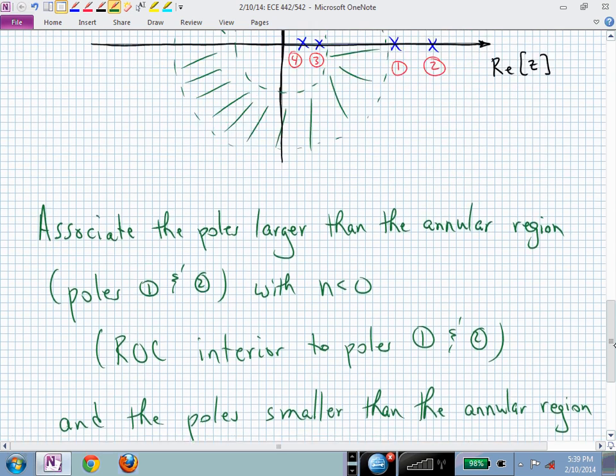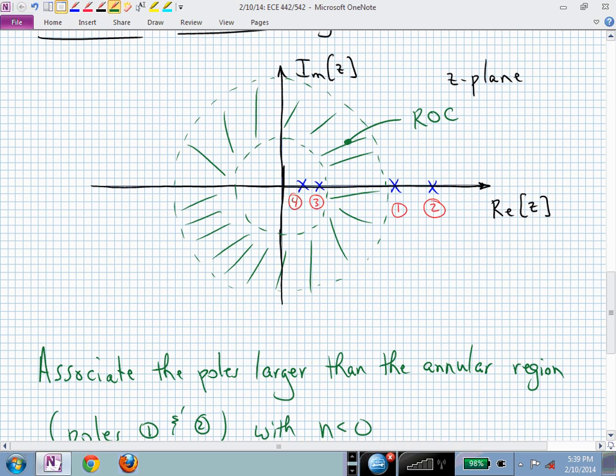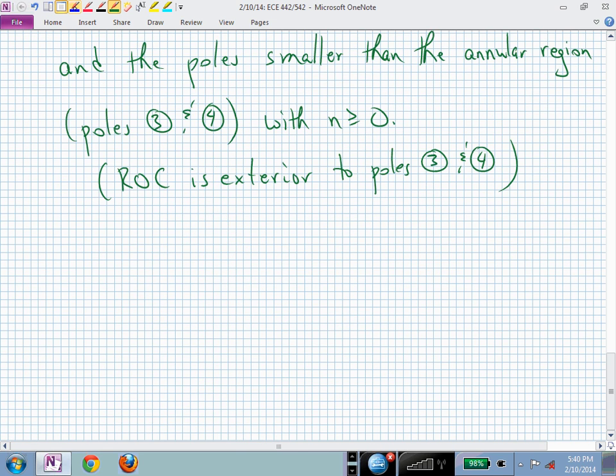Now, I didn't place any labeling on my real axis of z, which means that I could sort of make this anything I want in terms of its bounded or unbounded nature. But if the unit disk or the unit circle was living inside the region of convergence, then this particular set of poles would correspond to a bounded or stable waveform in the time domain. Let me try to word that.